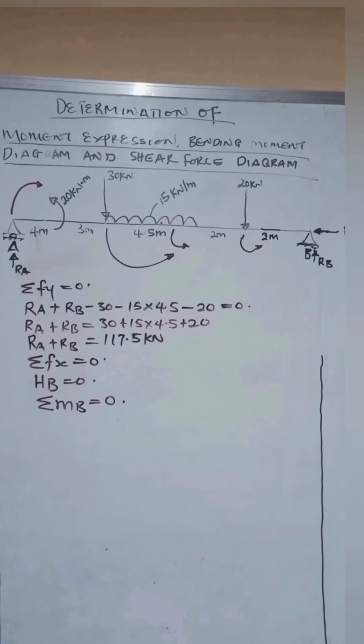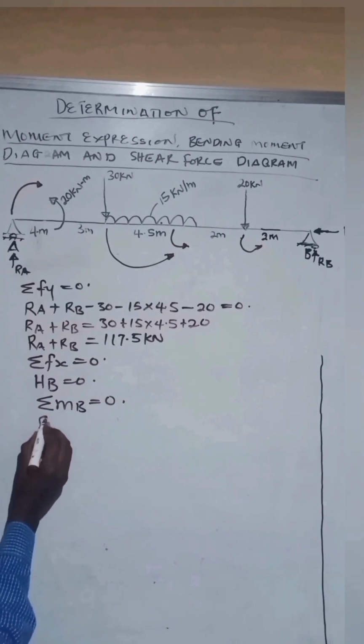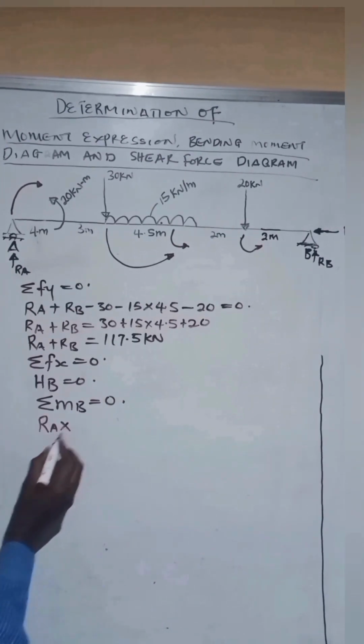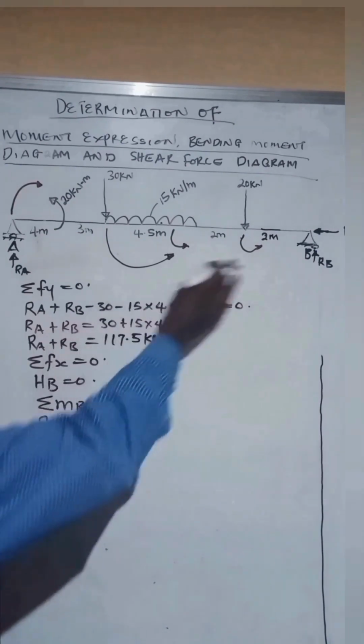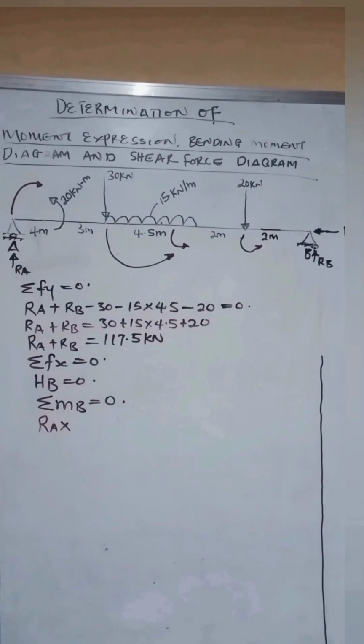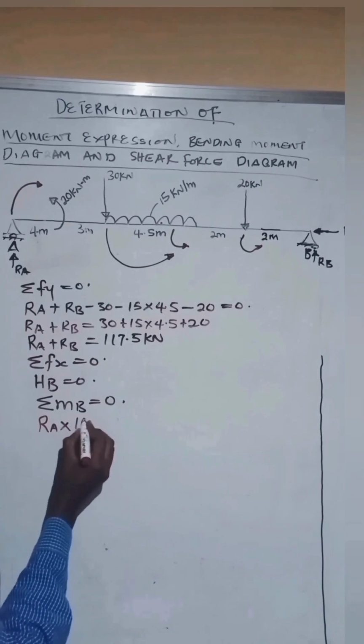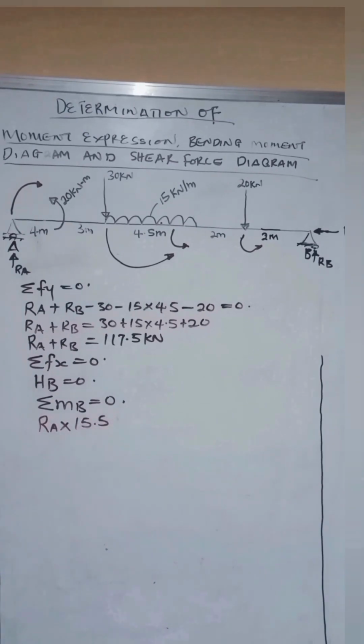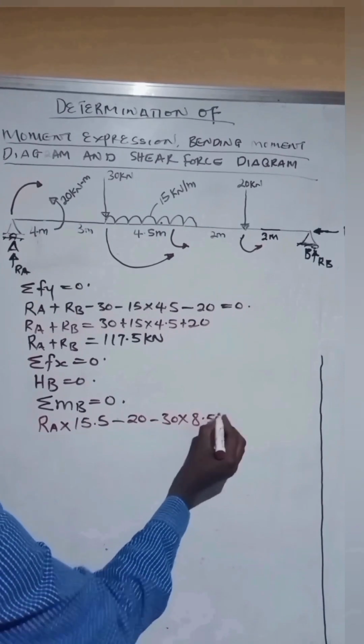Let's assume all clockwise moments are positive while all anti-clockwise moments are negative. So we are going to have RA positive, the moment becomes RA times the span. This is 4, 7, 7 plus 4, that is 11, which is 15.5, okay? So we have 15.5. We have 8.5.